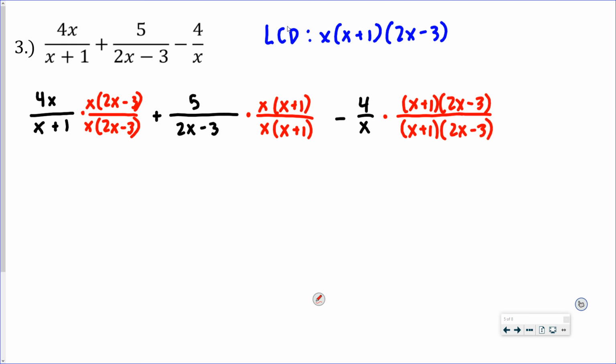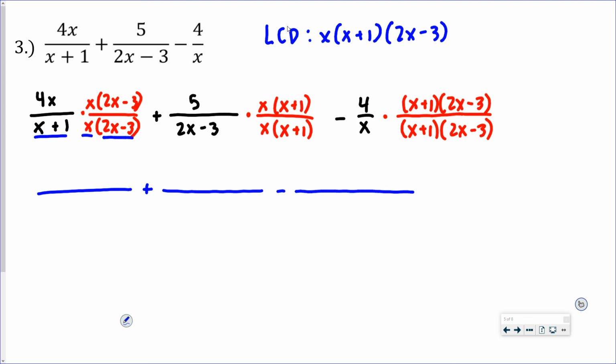Okay. Before I go through all the work of multiplying my numerators, I'm just going to check and see if we get the same denominators in these 3 fractions. So here I have x times x plus 1 times 2x minus 3. I'm going to reorder it. Okay, that looks good. I got my LCD there. Here, x times x plus 1 times 2x minus 3.